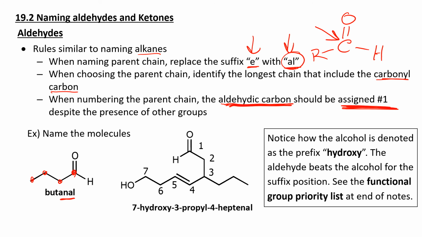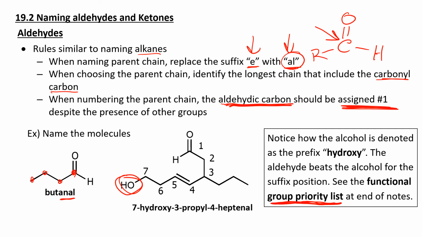Moving along, we've got a more complex molecule. Now we've got an aldehyde, an alkene, and an alcohol. You can only have one high priority suffix. So we're going to denote the OH group as a prefix now, because if you look at the functional group priority list, it's at the end of the notes, and it's also posted on Blackboard.